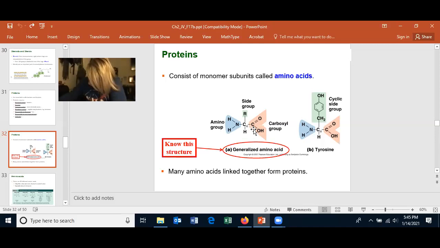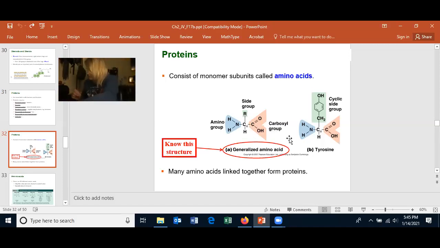Also on all amino acids is an R group. That's the side right up here. And the R can stand for anything. That's the rest of the organic molecule. There are 20 different R groups in humans because there's 1 R group for each different amino acid.